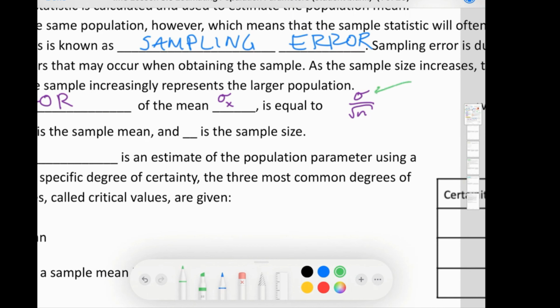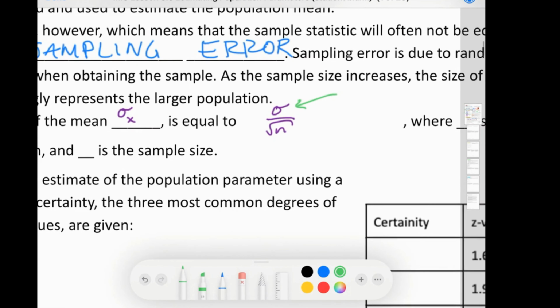This is the population standard deviation. And the n there is the sample size.